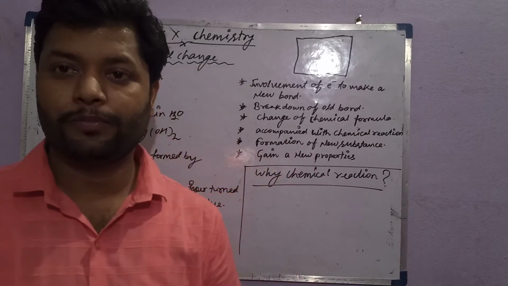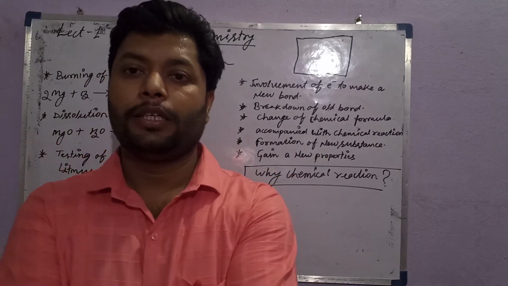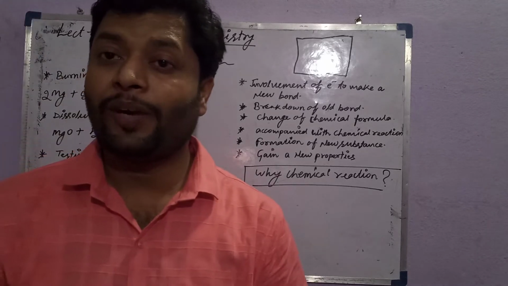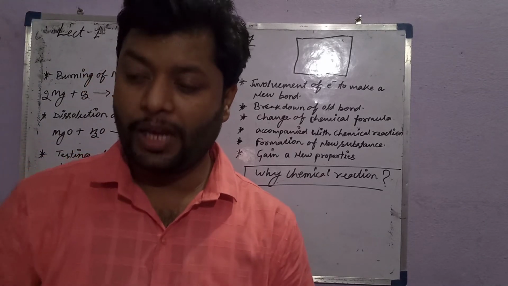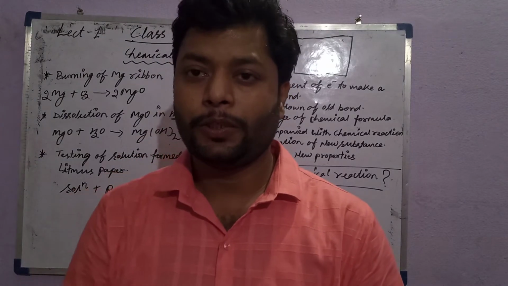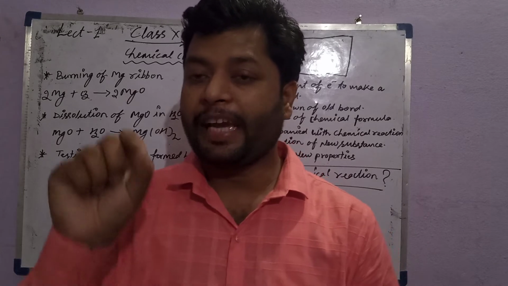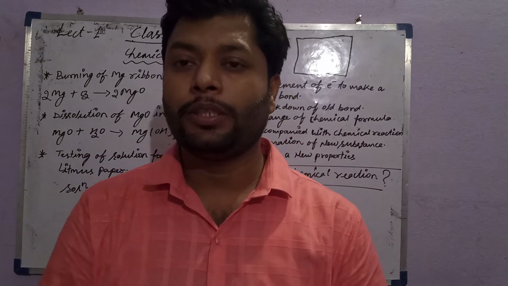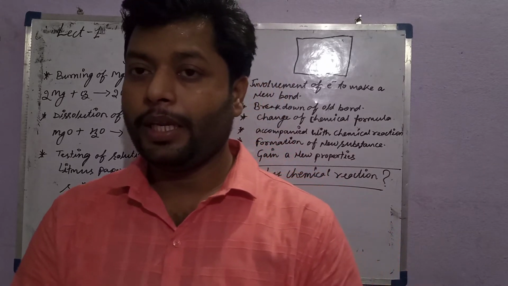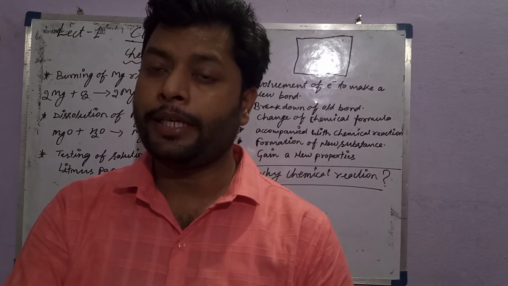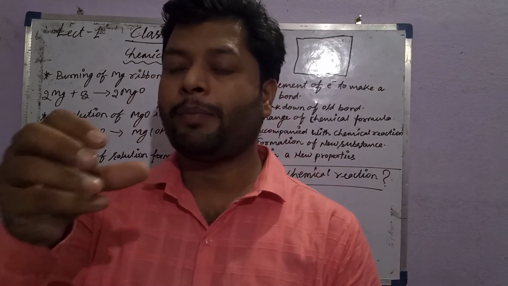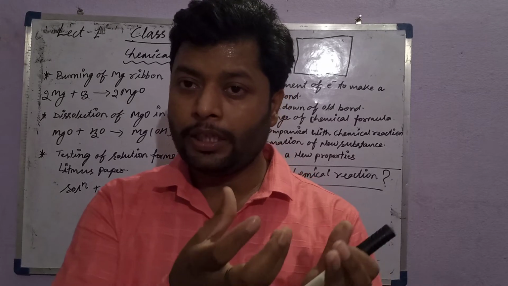Look at the board. There is written: involvement of electrons to make a new bond. Involvement of electrons. Class, it is an important thing. It is a basic moment to learn. Chemistry is all about the involvement of electrons present in the atom. In class 9th, the structure of the atom was already taught to you.